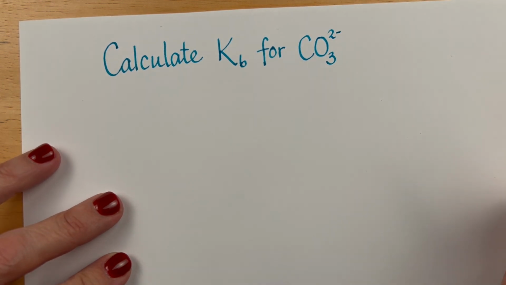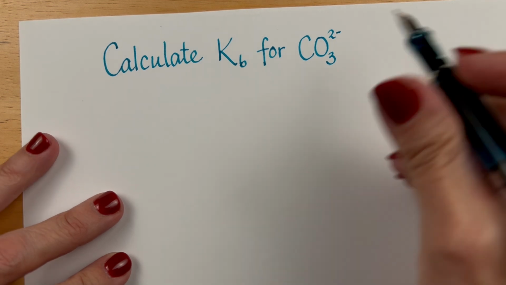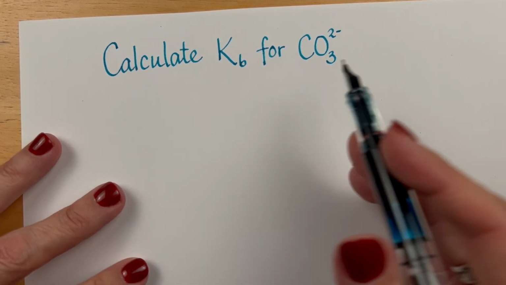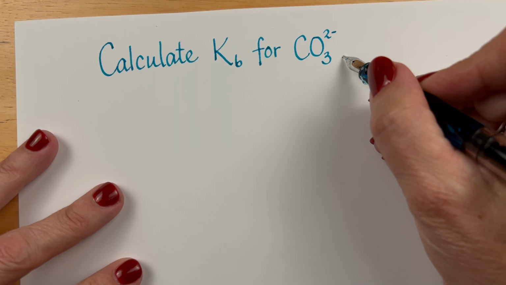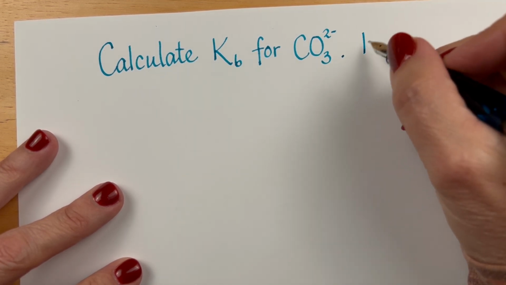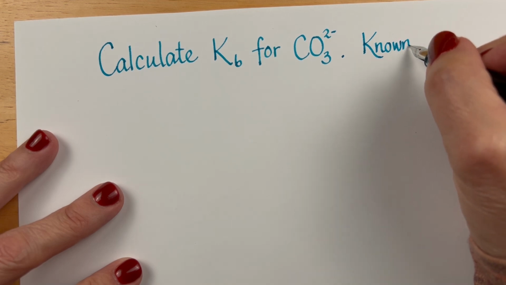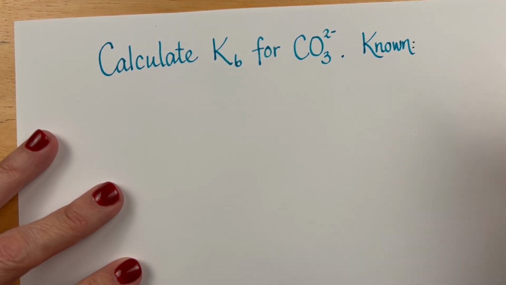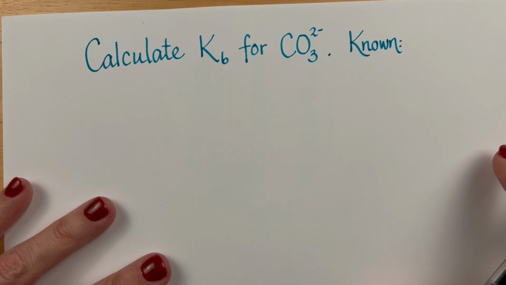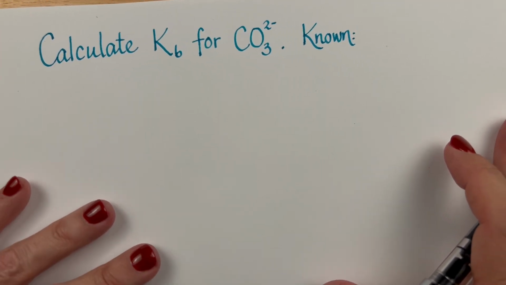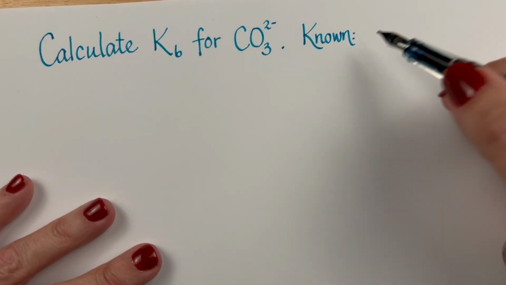Okay, so here's what we want to do. But I'm going to give you what is known. Now, this is something where you could look on a table of Ka values to determine this.